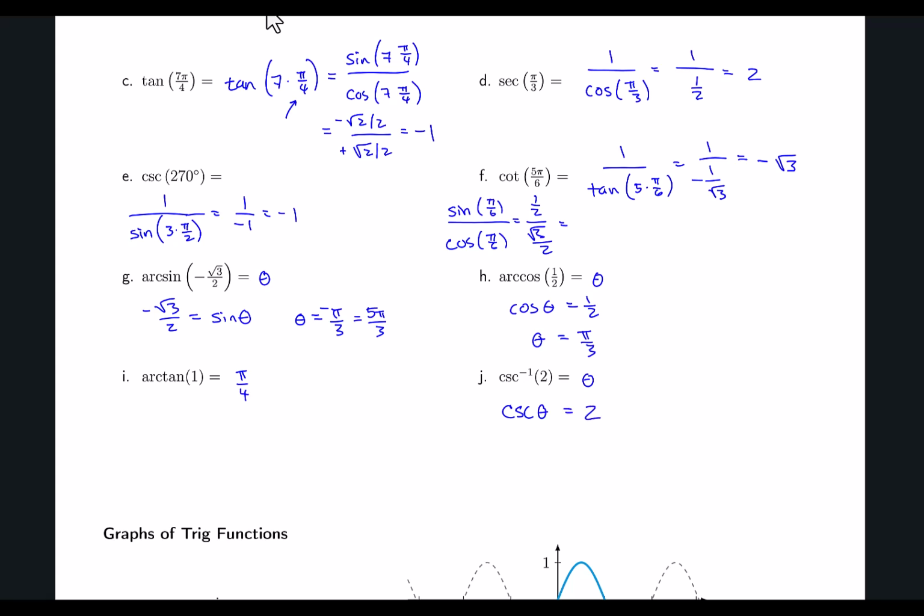Now, what's easier than working with cosecant? Well, one thing that's easier is sine. So 1 over sine is going to be 2. Or what's easier than that? Sine is equal to 1/2. This is what we need to be able to solve.